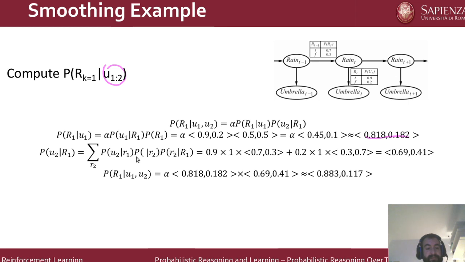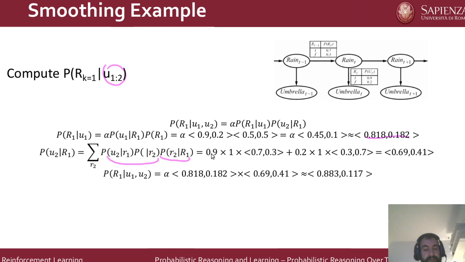This is our transition function, and this is somewhat our observation function, right? So we're considering what would be the next state given our estimate of R1, and what is the probability that this next estimate would generate an umbrella.